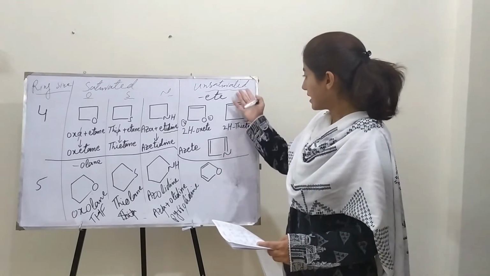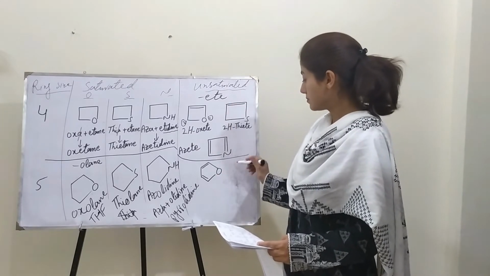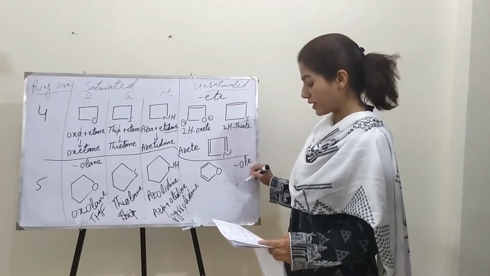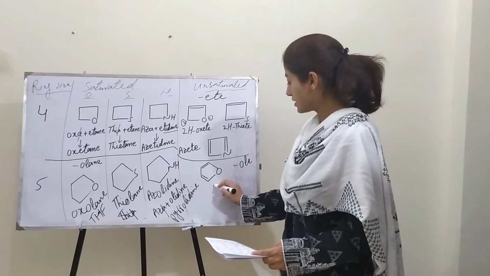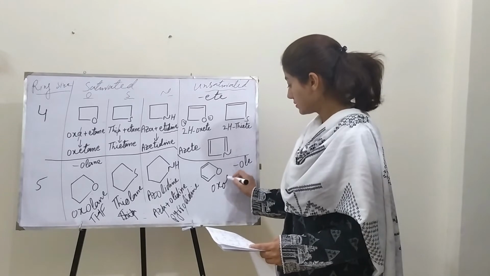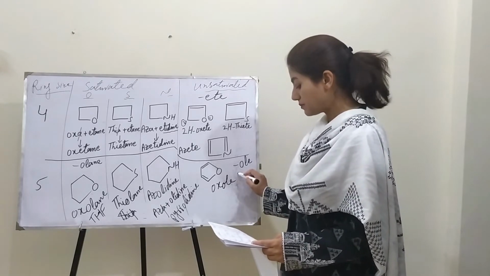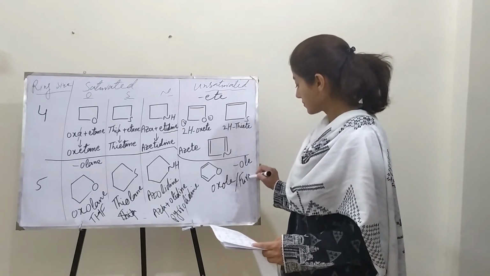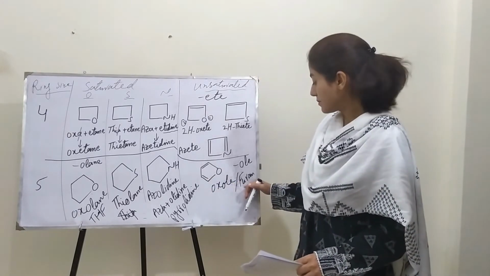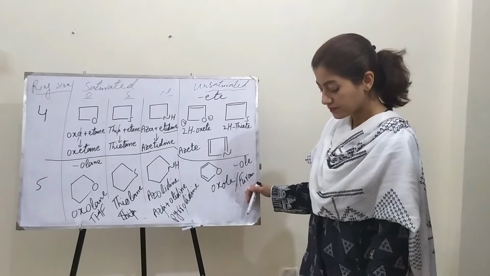And the unsaturated 5-membered system would end in ole, that is OLE. So for oxygen it would be oxole, but its common name is furan, as mostly this is known by its name as furan.